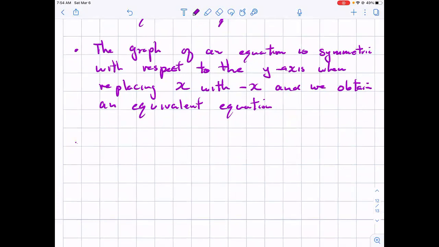And then the last one is the same, but we replace both x and y.